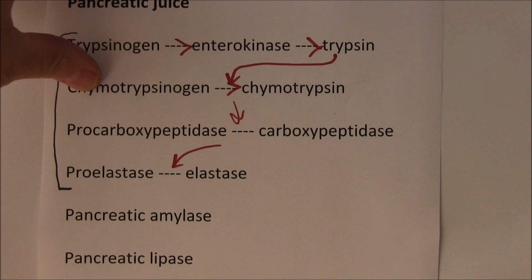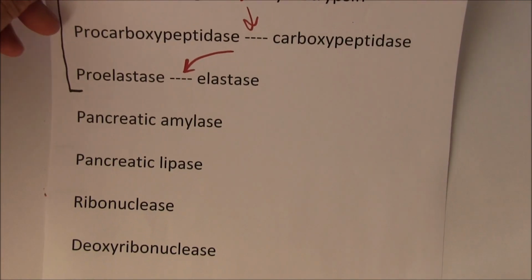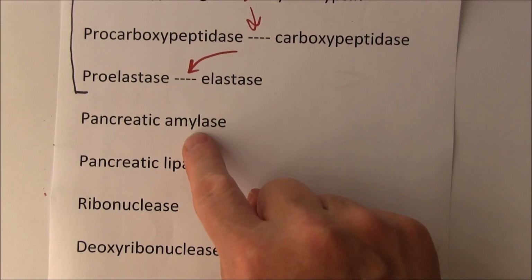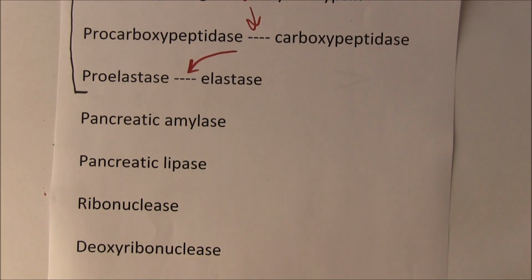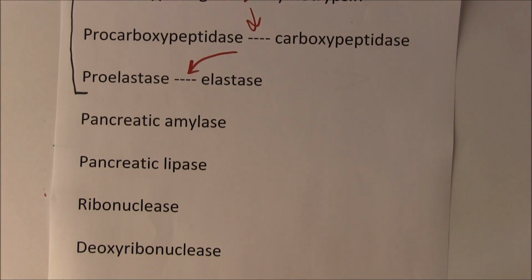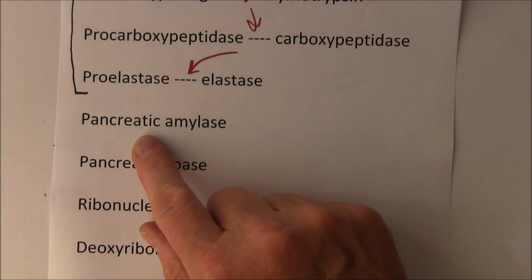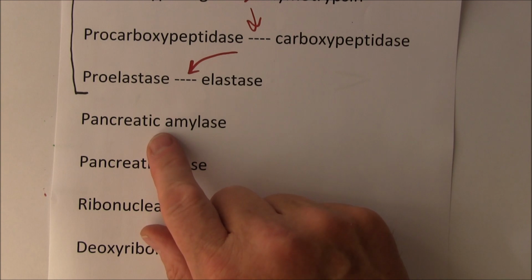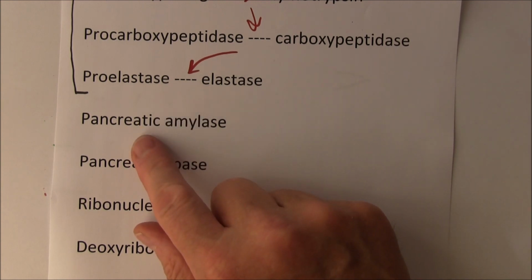Now we also notice that the pancreas produces pancreatic amylase, and the amylase is going to break down carbohydrates into simpler sugars. And the pancreatic amylase, as well as breaking down starch, which is vegetable starch, also breaks down glycogen.